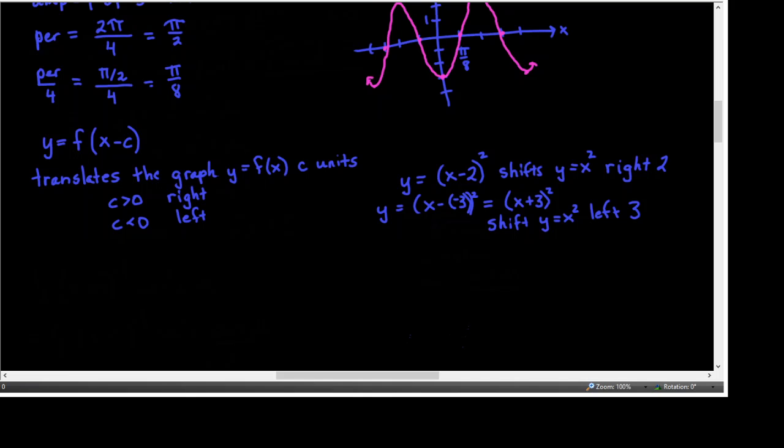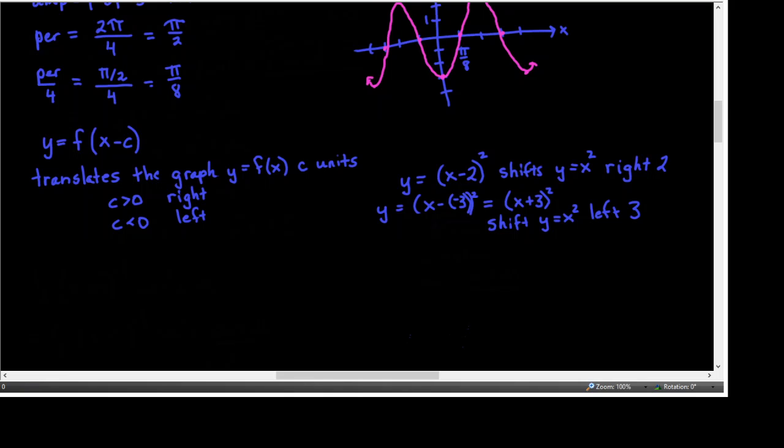So when I see plus a number, I feel like that should make it go to the right. It actually goes to the left. And when I see minus 2, it feels like it should move left 2. It has to go to the right. So every horizontal effect does the opposite of what you would have thought. And that's why it's defined as subtraction, to remind you it has that opposite effect.